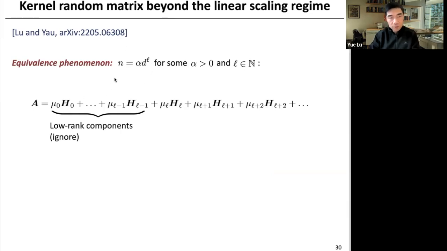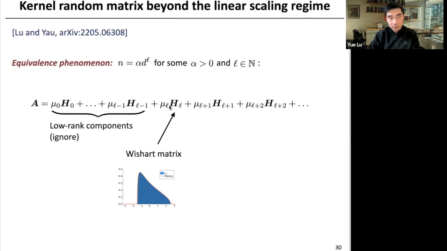And then the equivalence principle is really saying the following thing. You can first write the nonlinear matrix as an infinite linear combination of these Hermite matrices. And here L is the exponent that depends on the number of samples. Then, first of all, the first L Hermite components are low-rank components that we can safely ignore.